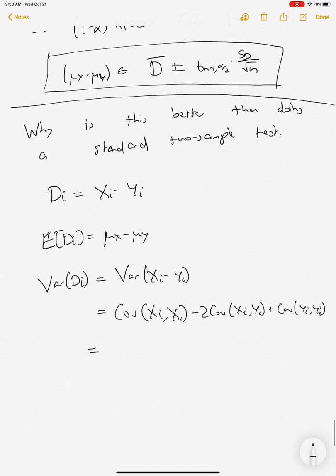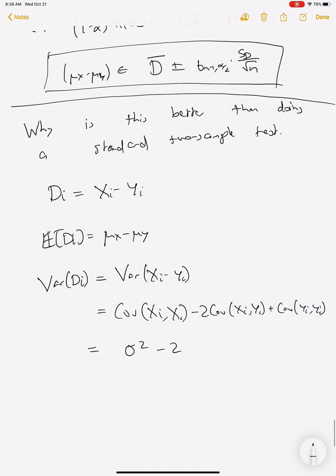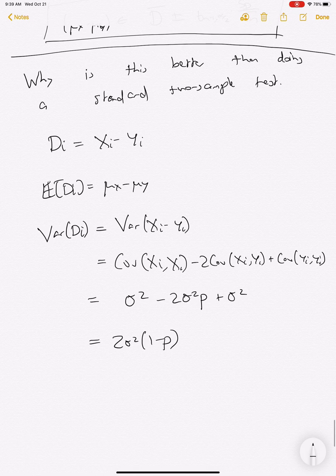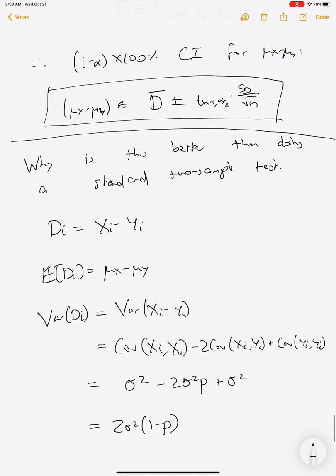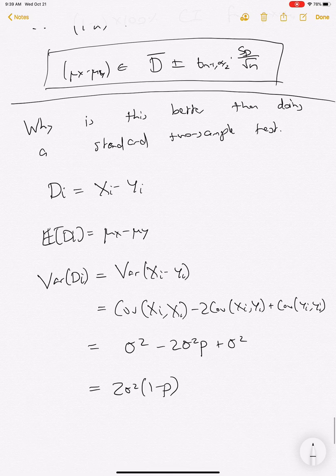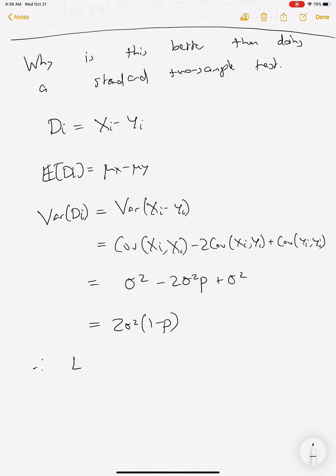And if you write that all out, that's going to be sigma squared minus 2 times sigma squared times rho plus sigma squared. And so this whole thing is going to be 2 sigma squared times 1 minus rho. Okay, and so what that means is that therefore we have that the expectation of sd squared is equal to 2 sigma squared times 1 minus rho.